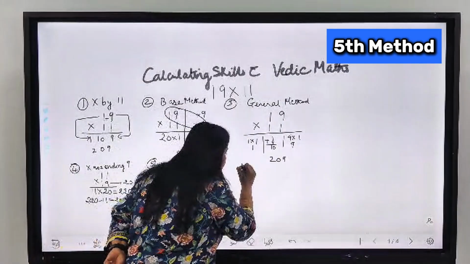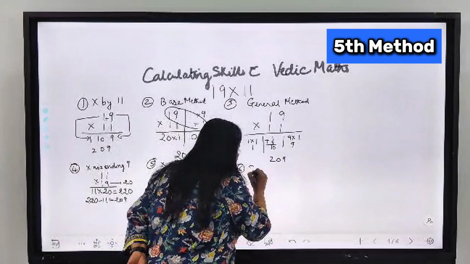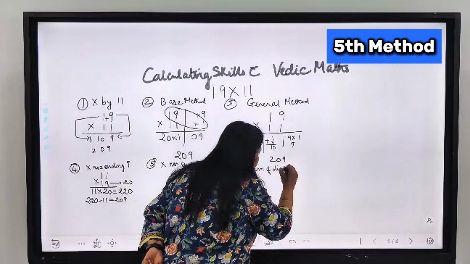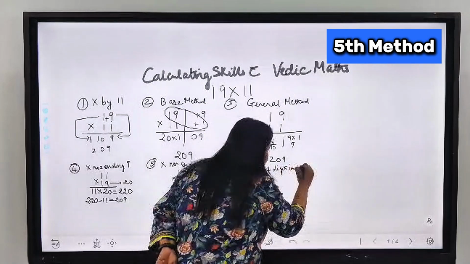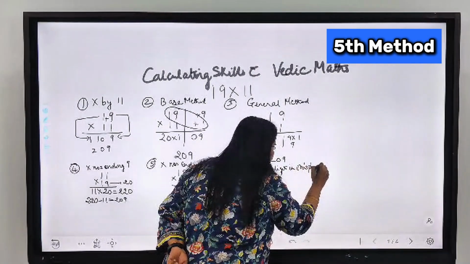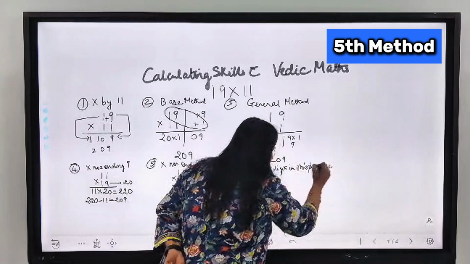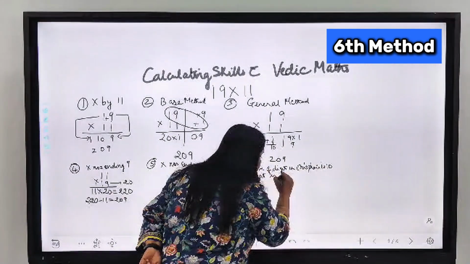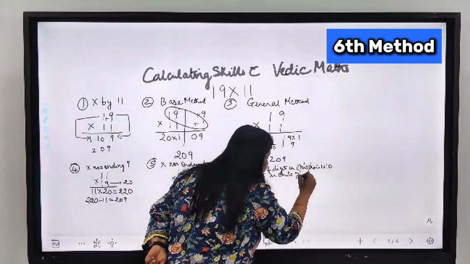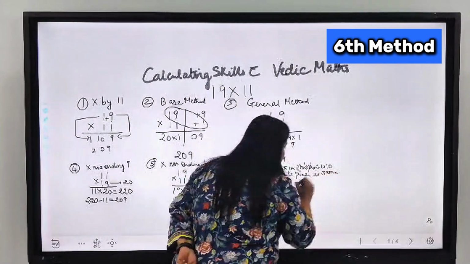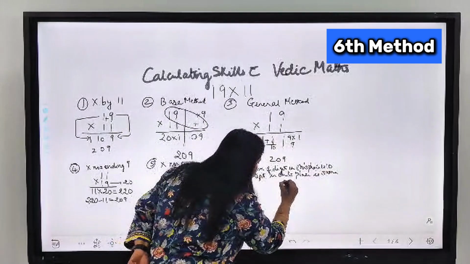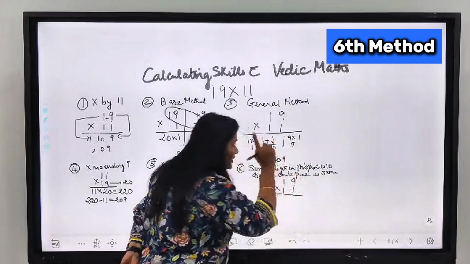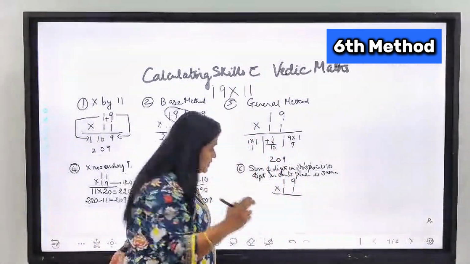In the sixth method, the condition is the sum of the digits in ones place is 10 and the digits in tens place are the same. That time we use this method. Now here if I see 19 into 11, 9 plus 1, the digit in the ones place, if I add, it's 10.